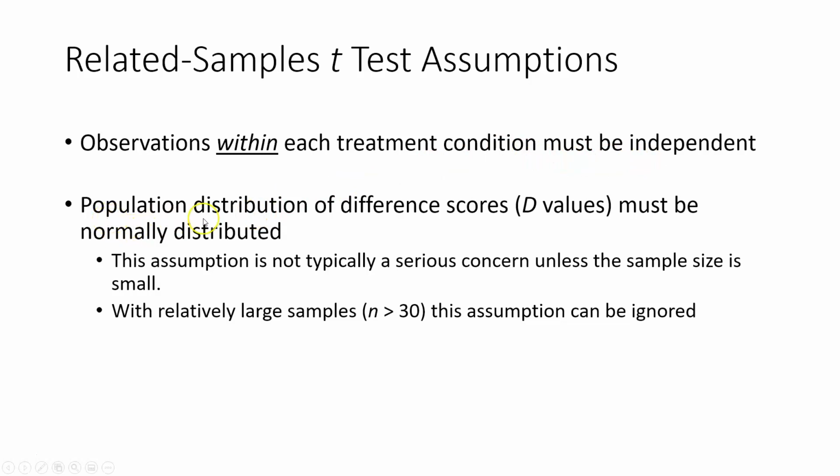Okay, population distribution of different scores also should be normally distributed, though it's okay if we violate this assumption as long as the sample size is sufficiently large. If it's small, then it might be a serious concern, but if you have at least 30 in your sample size, then usually you can ignore this because the sampling distribution will be normally shaped even if the population wasn't.